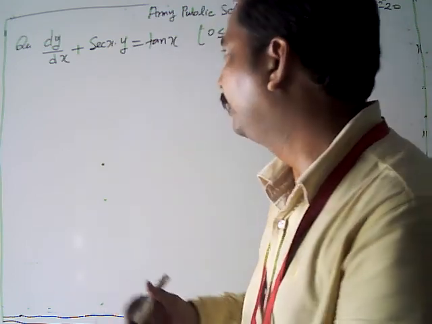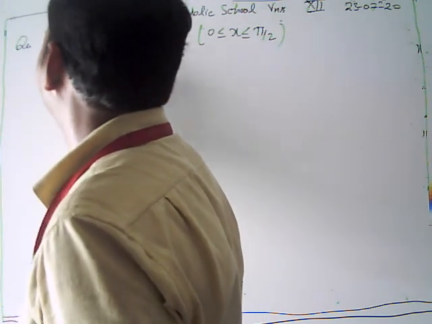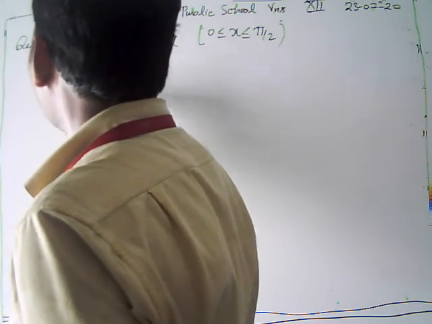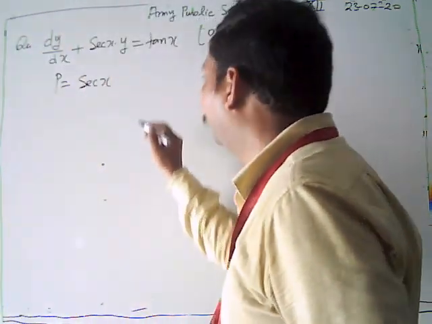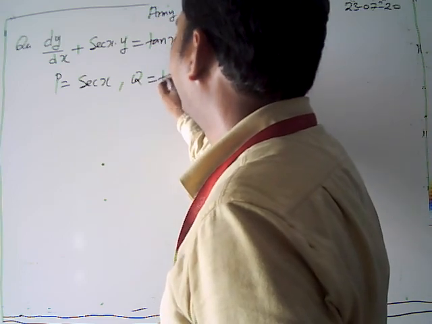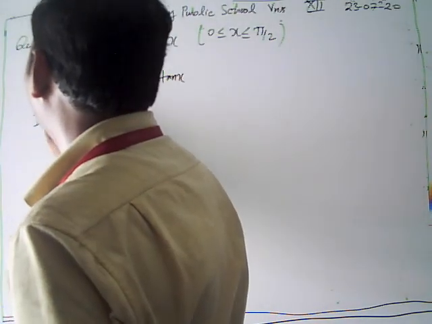Now on comparing with our standard form, what do we have here? The value of P is sec x, and the value of Q is 10x. Now we are going to find out the IF. What is our IF?